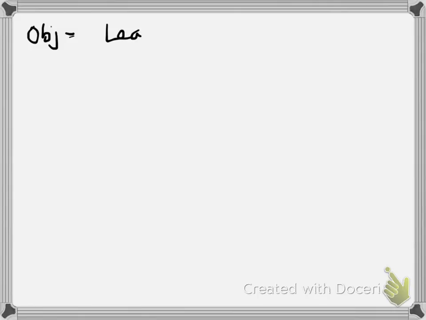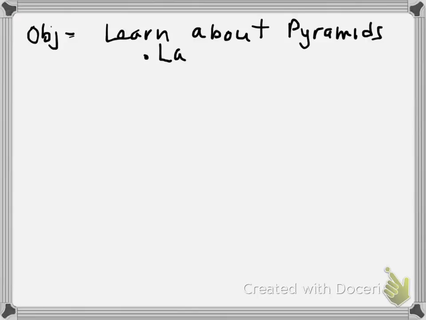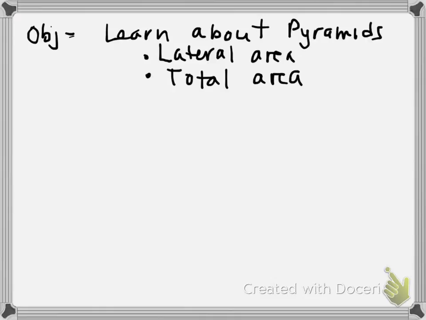We're also going to learn about lateral area, total area, which we used to refer to as surface area. I don't know why our book calls it total area now. And then volume. And this comes out of lesson 12-2.